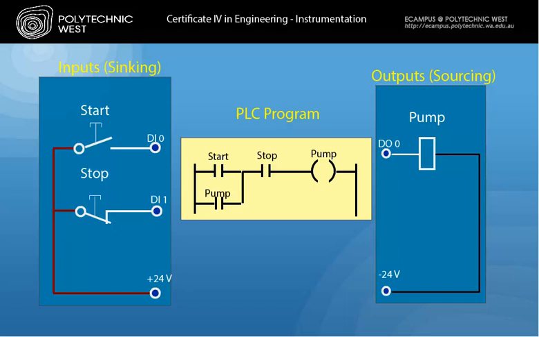That way, when we open the stop by pushing the stop push button, our program will unlatch the pump output. As I said, it's important not to confuse the program, which does look like a circuit, with the connections that are connecting to the PLC.